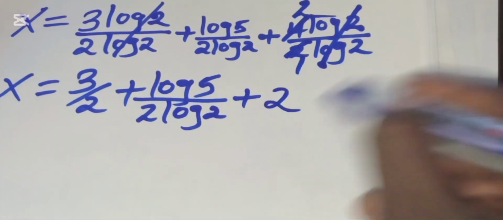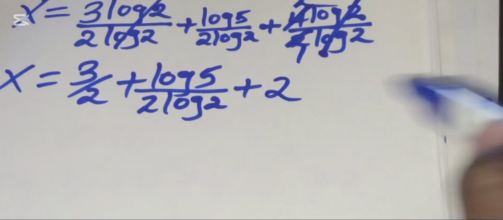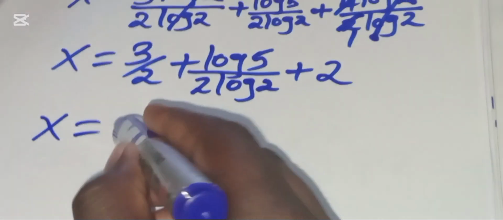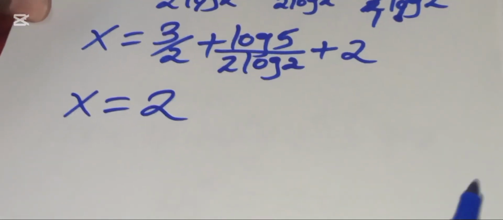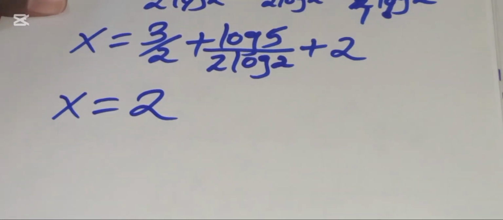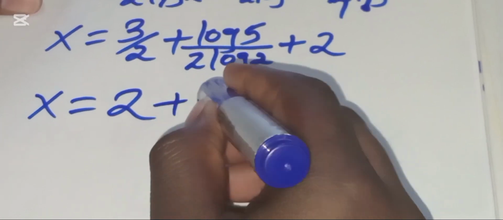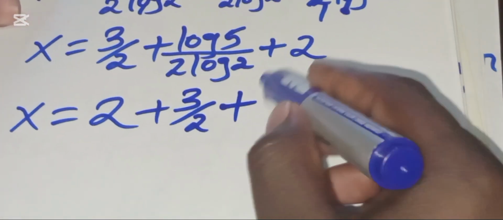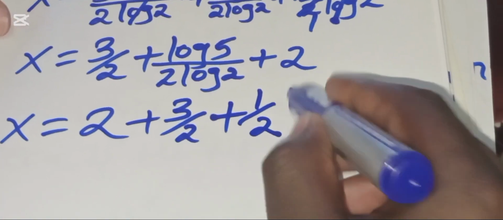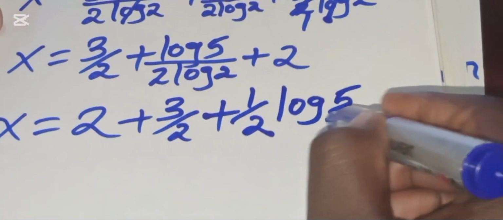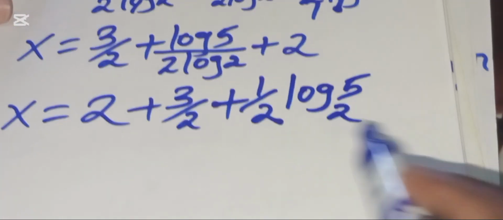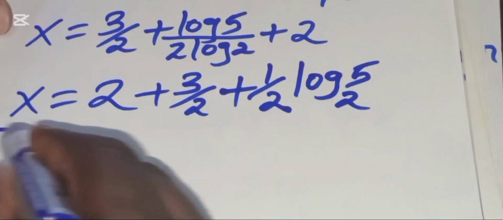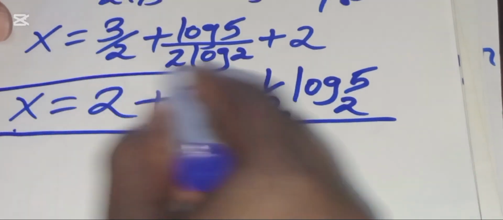So we can write x as equal to 2 plus 3 over 2, plus half log 5 to base 2. This is the value of x.